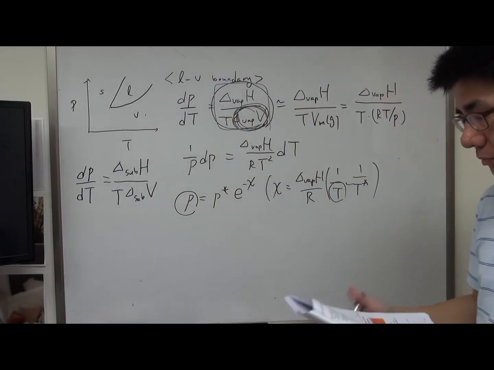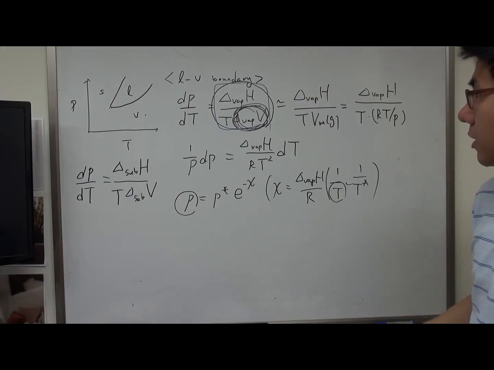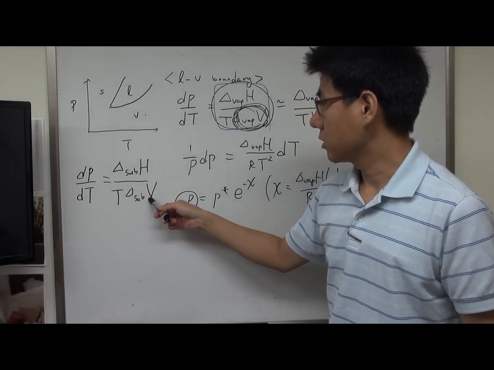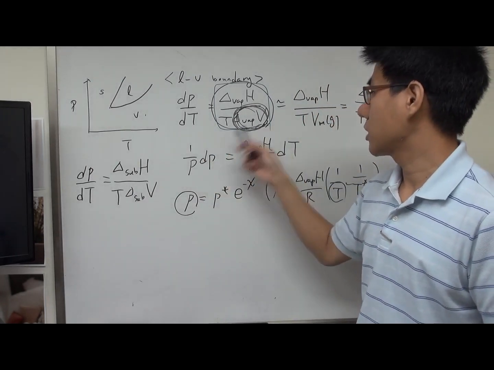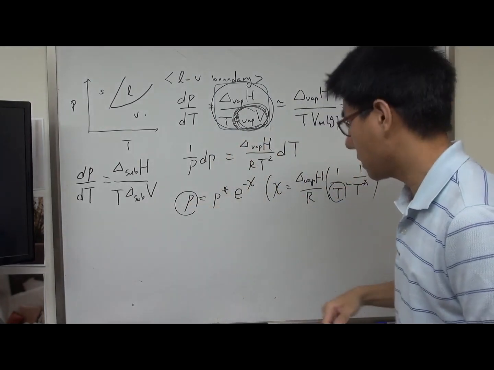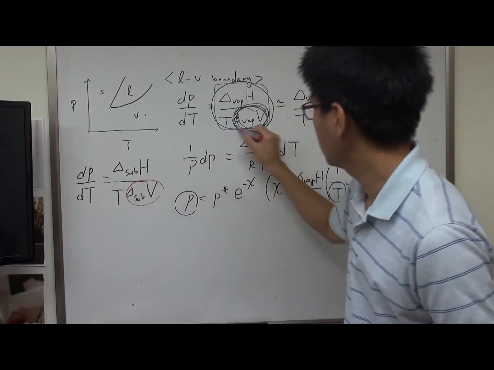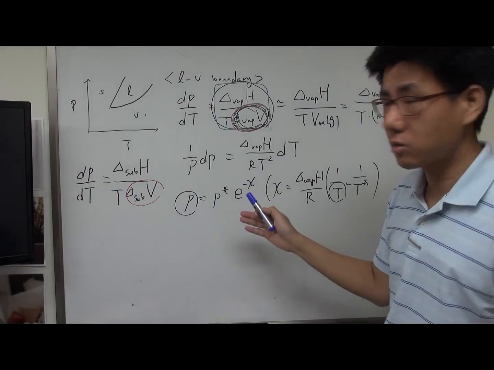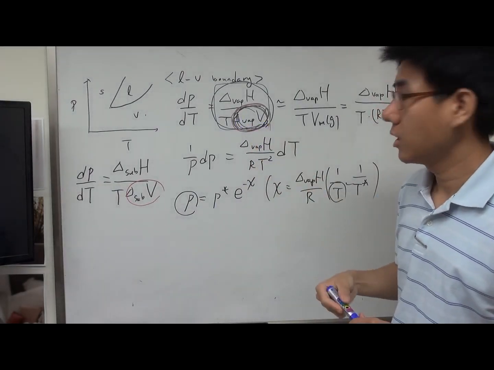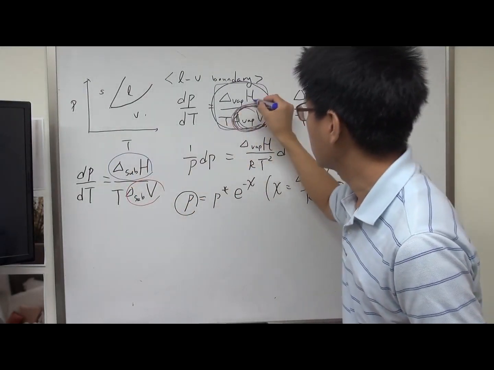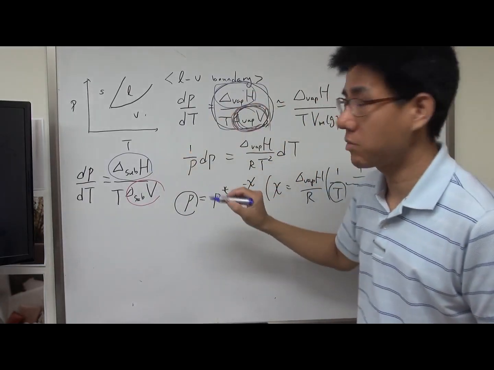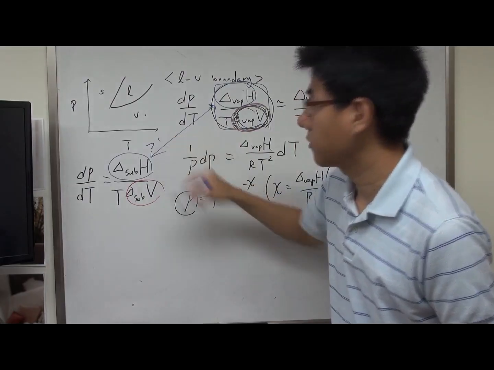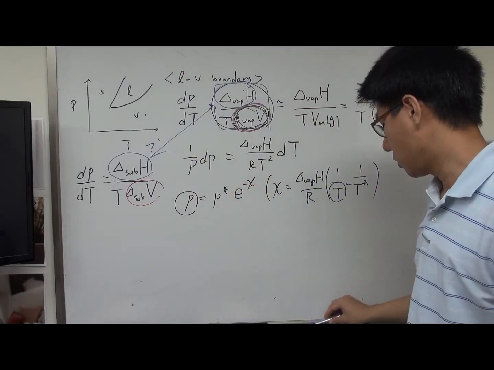For sublimation, the volume change from solid to gas or from liquid to gas would be pretty much the same, right? But the enthalpy change for vaporization and for sublimation, if you compare these two, this will be a little bit larger, right? For sublimation.